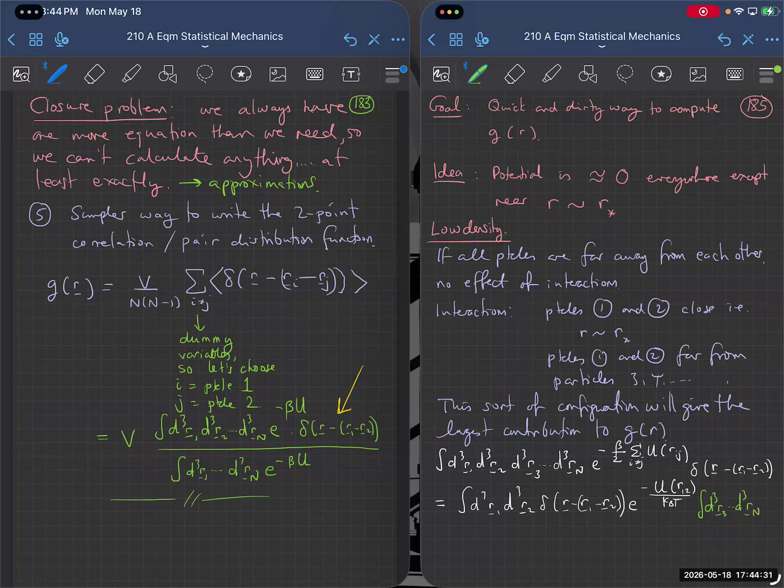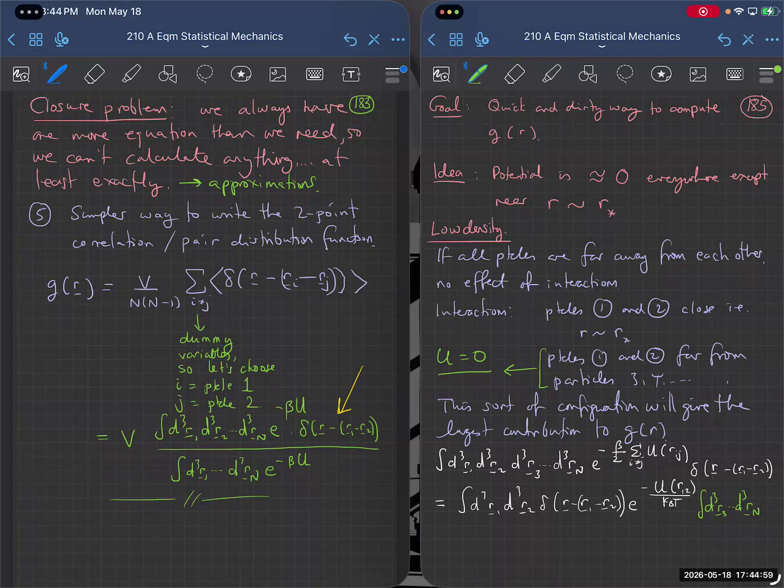Those don't have any Boltzmann factors at all, because when they're far away, U is equal to 0, so the Boltzmann factor is then just 1 for those things, and I don't need it over there.